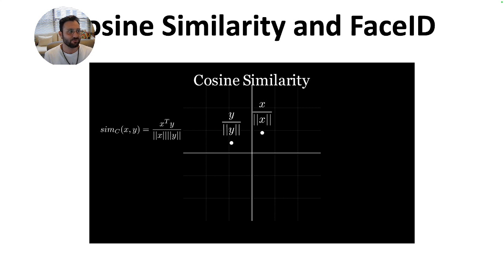So notice how these two vectors did not move from their directions. I only changed their magnitude, and they are both sitting on the unit circle. So the only thing that separates them is the angle between them. That's what we are measuring with cosine similarity.